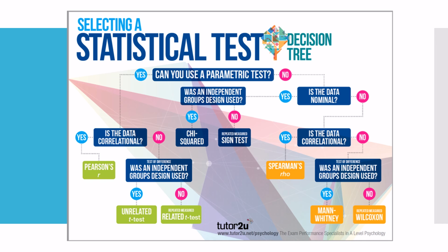So unrelated, the 2 conditions, the 2 groups are unrelated. So you've got independent groups. Condition 1 and condition 2 have different people in, they're unrelated independent groups. Or if the 2 groups are related, the same people are in condition 1 as condition 2, or it's matched pairs. So similar people are in condition 1 to condition 2, they've been matched by design, then it's called related.